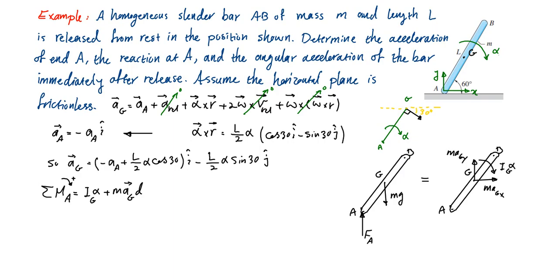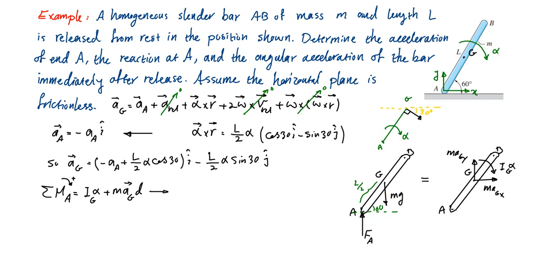This is a vector, and for ma, I'll take the positive direction as the direction of the motion since I can guess that. Now, on the left side, from the free body diagram, the moment about point A: this angle is 60 degrees, right? About point A, FA is gone. This is L over 2. So mg, the moment it creates about point A would be mg L over 2 cosine 60 degrees, this length.